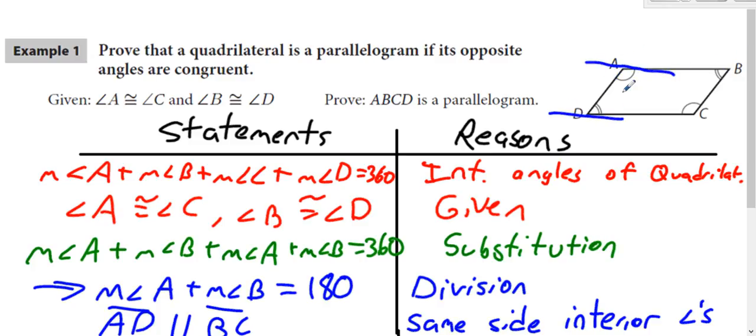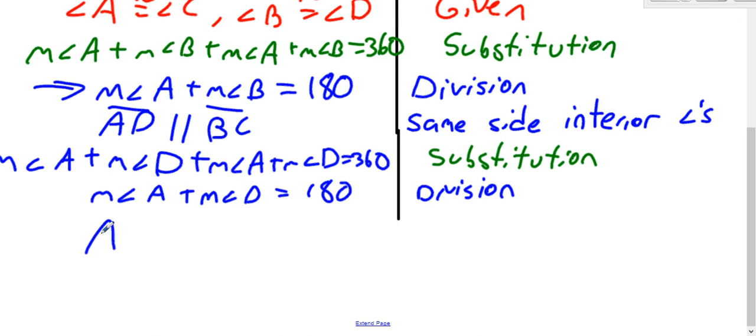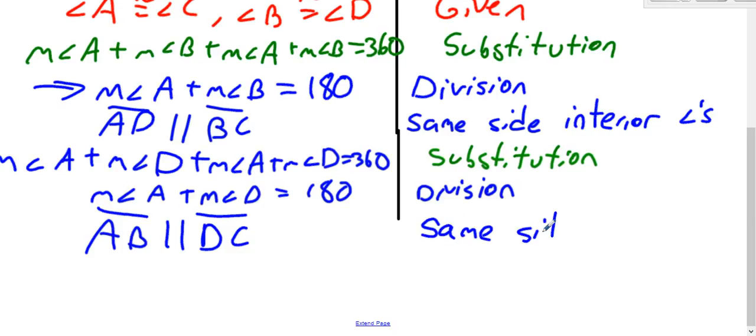Which means those are now our same side interior angles, which means AB and DC are parallel. Again, they were same side interiors.